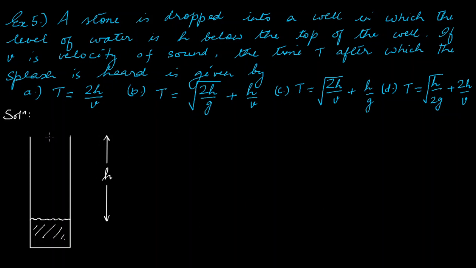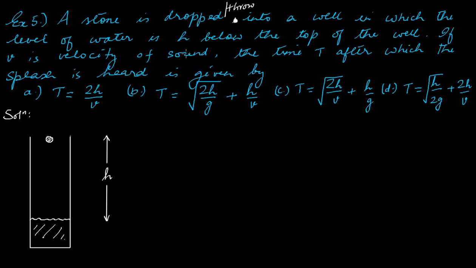So a stone is dropped. So let this stone be here. When we say dropped, there is a difference between dropped and throw. Okay, if we drop and if we throw, what is the meaning? Drop means you're just holding it in place and you are releasing. You release from your hand.